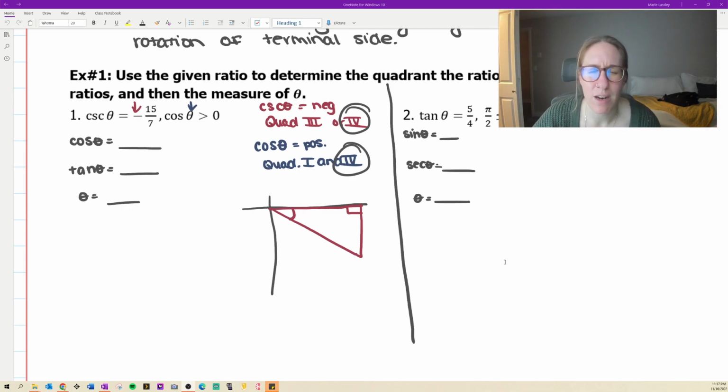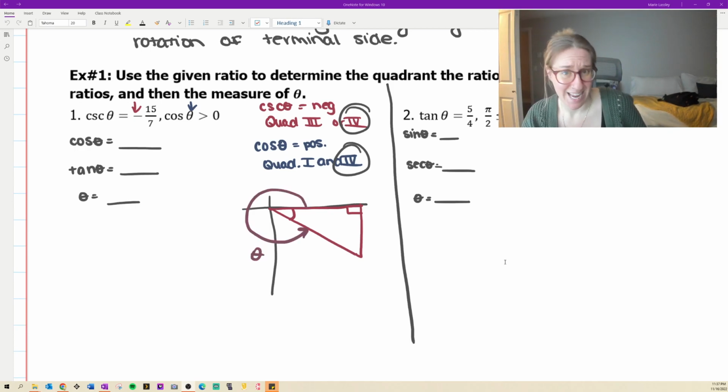So you can put theta there if you want to. Just know that theta is actually this angle right here, right? So that's theta, all right? So our reference angle is not theta. It is what we are using to set up our ratios, but it is not our rotation angle for our terminal side. So just keep that in mind.